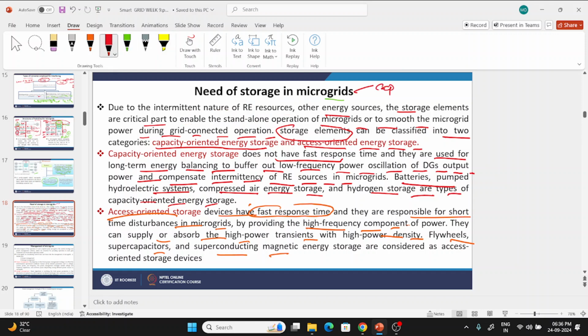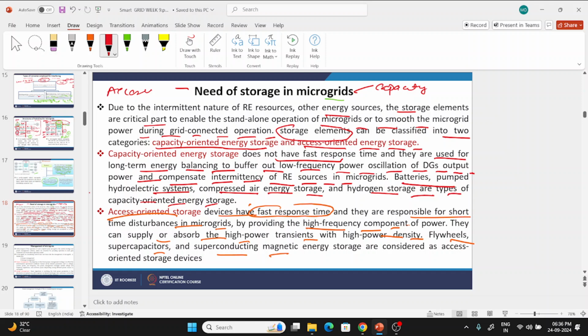So basically, there are two types of energy storages. One is capacity, the other is access. Capacity, as the name suggests, is generally used for long-term energy storage. The energy is stored in the capacity-oriented storages so that they can buffer out any low frequency oscillation and also compensate the intermittency.